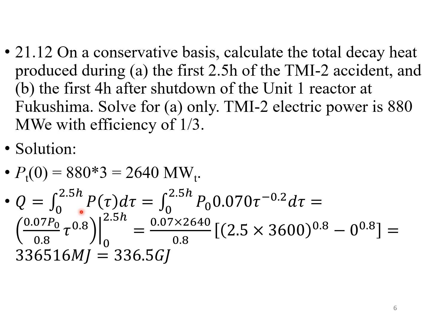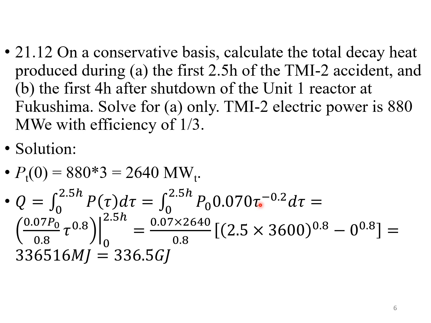We integrate the power to get the total heat, from 0 up to 2.5 hours. The decay heat power equation is the initial power P0, which is constant, we just calculated, times 0.07 times tau to negative 0.2, d tau.